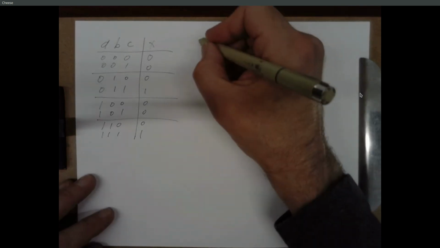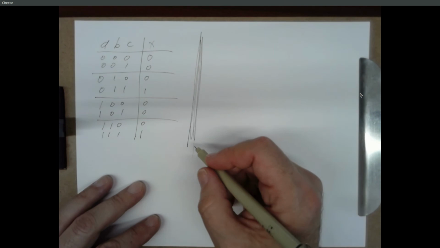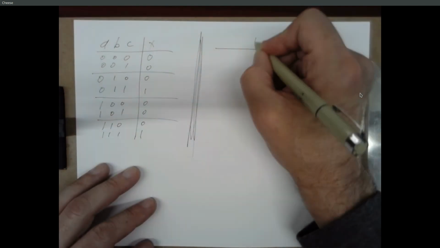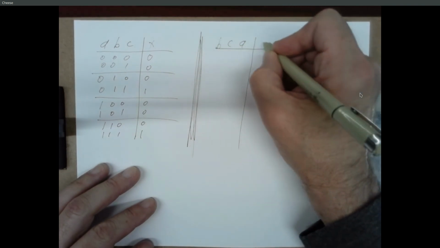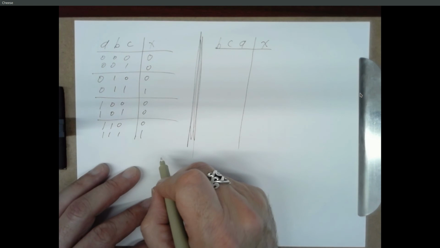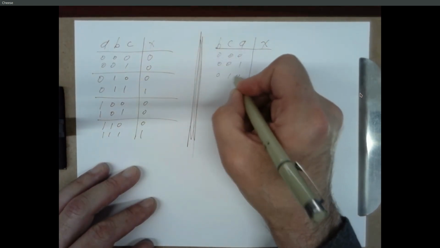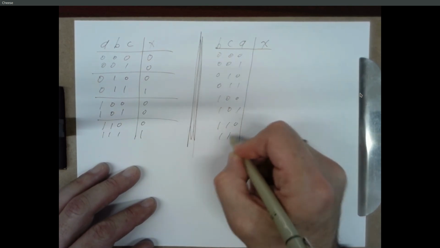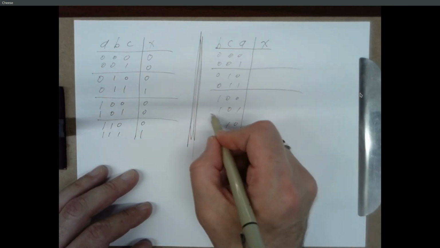But here's what I want you to do. This is the truth table describing our function. I would like you to rewrite the truth table, but label your inputs B, C, and A, and your output X. And keep the same ordering. But fill in this truth table based on our original truth table and see what happens.